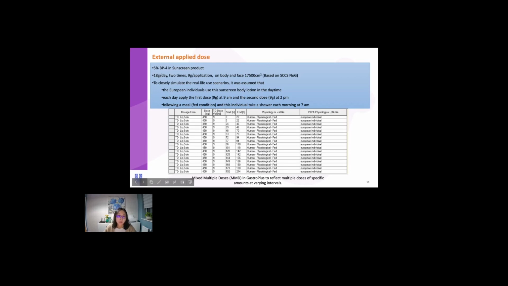And in order to closely simulate the real life use scenario, and also to better reflect the consumer practice and habits, we make certain assumptions.